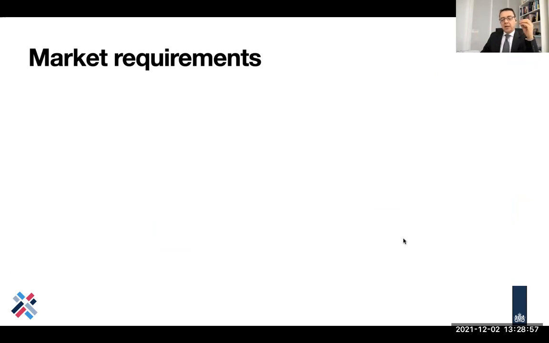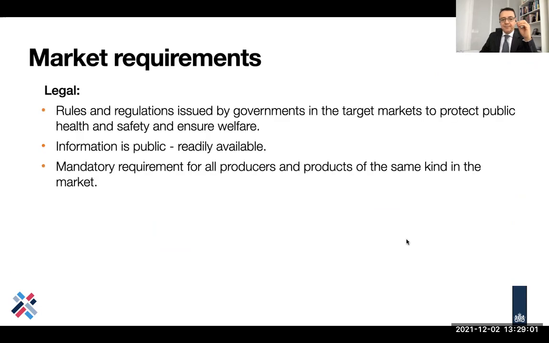Now let's look at market requirements and understand that there are two broad families of market requirements. On the one hand, there are the legal requirements. These are things that have been established by governments, national, provincial, local, whatever.